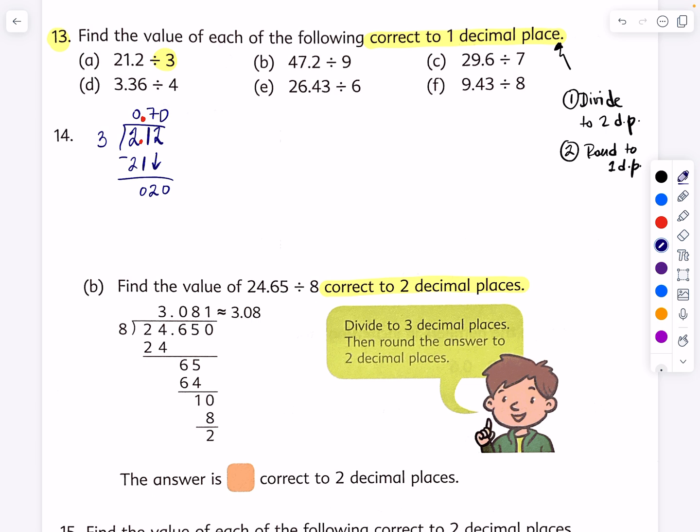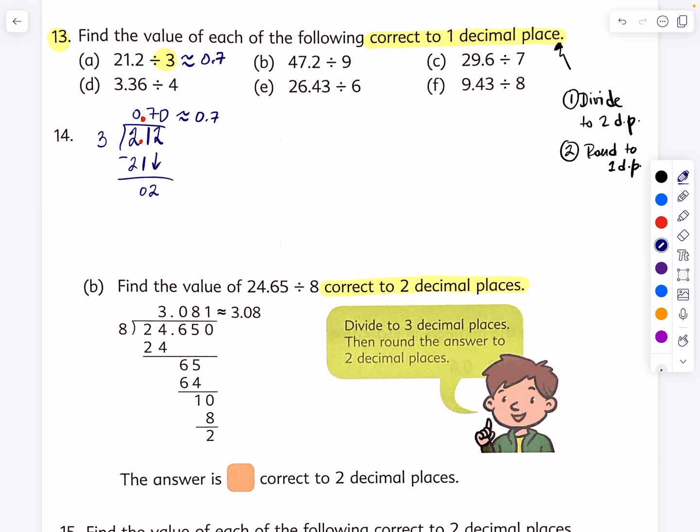Yes, 3 goes into 20 6 times. But, oh my friends, forget that. We only need one decimal place. So we already finished with one decimal place, and therefore for part 2, we're going to round it, and this becomes 0.7. I'm sorry for confusing you.